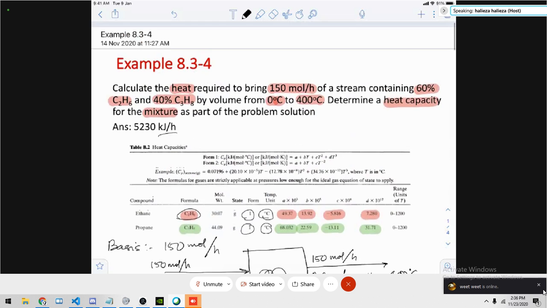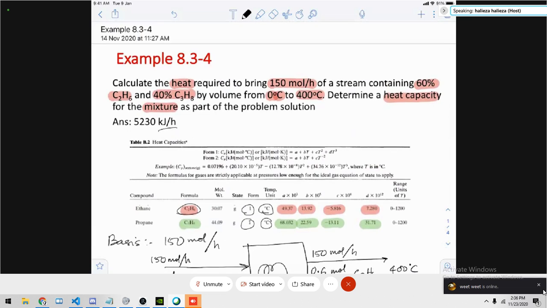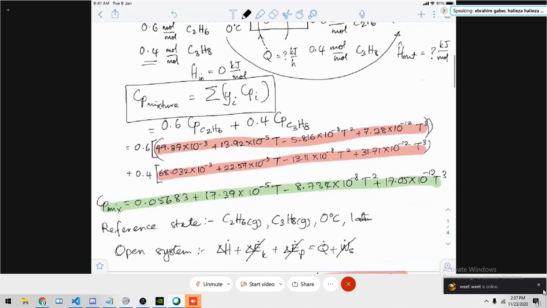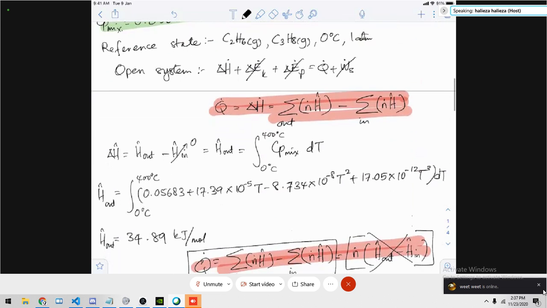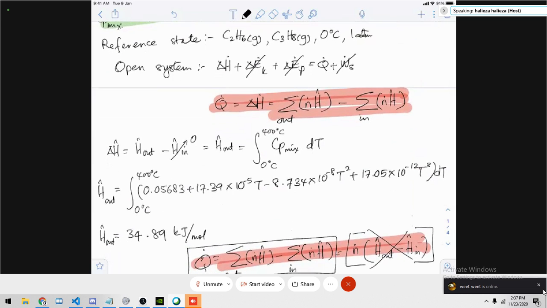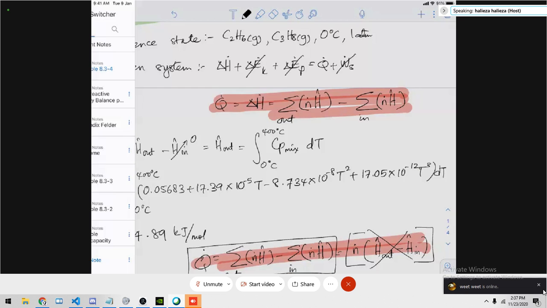But look, from the question itself, you're going from 0 degrees C to 400 degrees C. So if you choose the outlet as your reference state, you know the question asks from 0 to 400, so you have to rewrite your answer. Okay, got it. Any other questions? No questions? Okay, good. Let's do the next example.